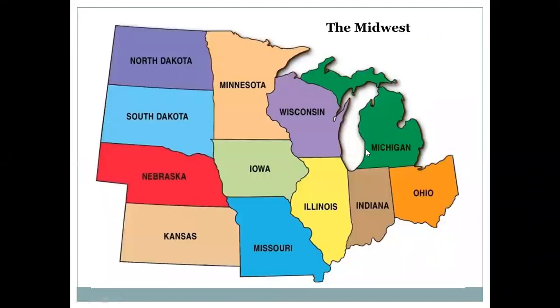And here is the whole map of the Midwest. There are 12 states in this region: North Dakota, South Dakota, Nebraska, Kansas, Minnesota, Iowa, Missouri, Wisconsin, Illinois, Indiana, Ohio, and Michigan. Again, there are 12 states in the Midwest.